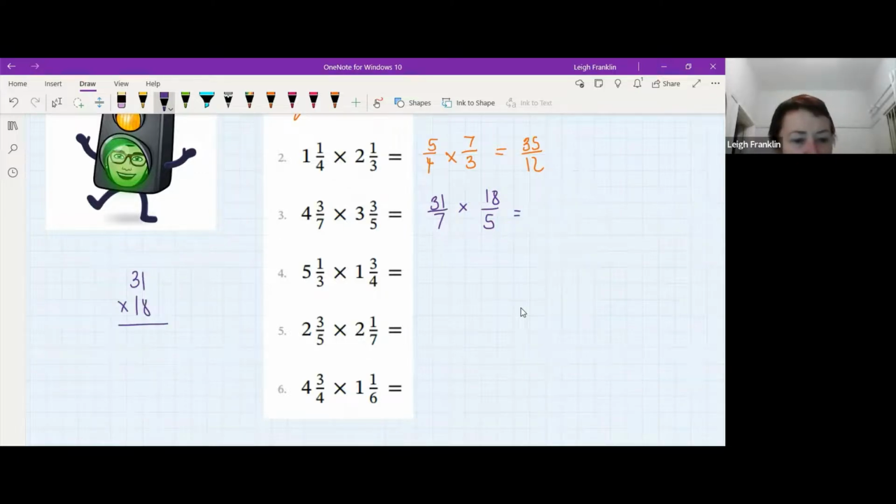It is indeed 558, absolutely. So we'd have 558 in the numerator. What would we have in the denominator? 35. Quite right. Well done. I think we'll leave our answer just like that. Good job. Well done.